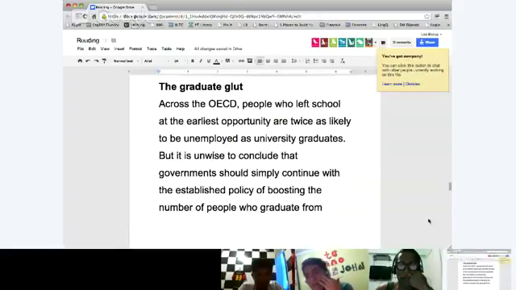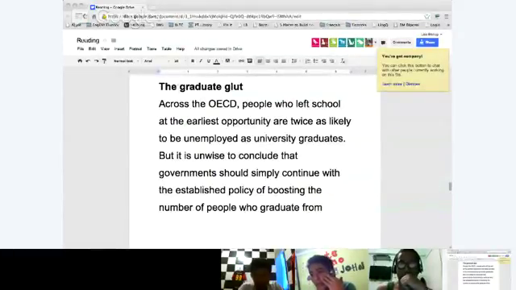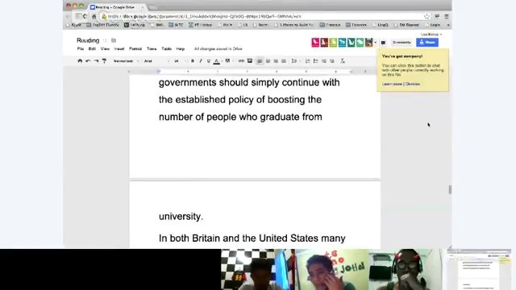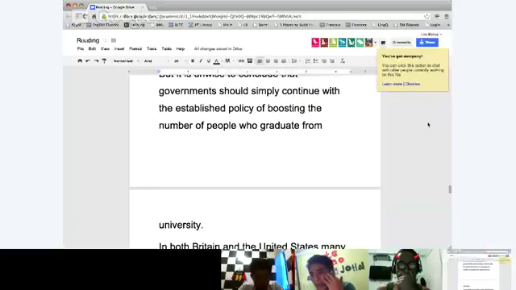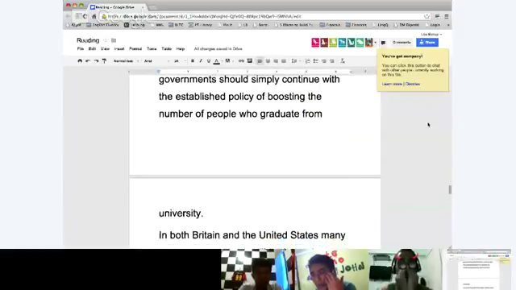Across the OECD, people who left school at the earliest opportunity are twice as likely to be unemployed as university graduates, but it is unwise to conclude that governments should simply continue with the established policy of boosting the number of people who graduate from university.